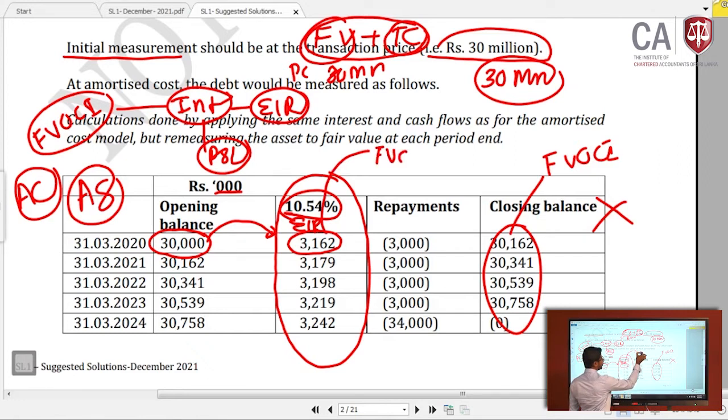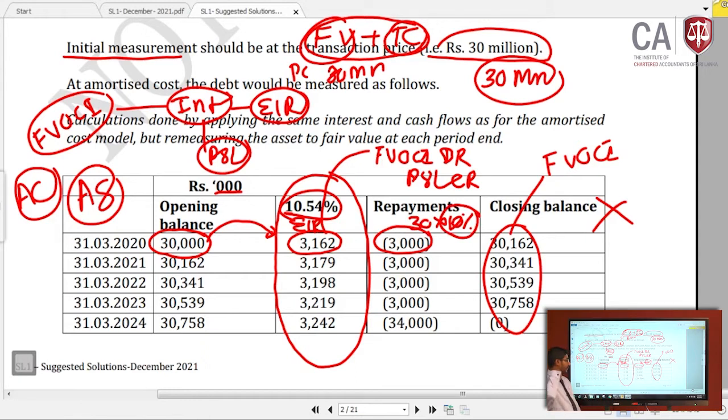Fair value through OCI investment debit, P&L credit, interest income. So the repayment, how have we taken the repayment? 30 million into 10%. Repayment means what we are getting in terms of cash.